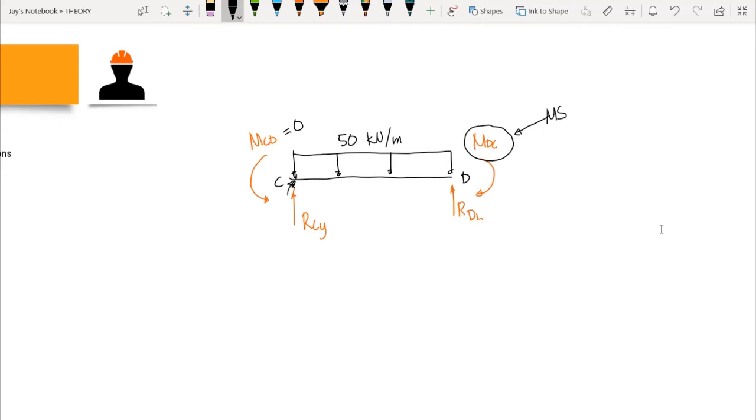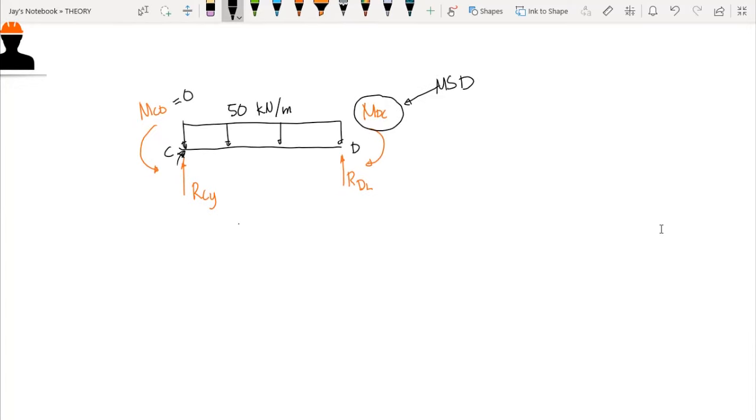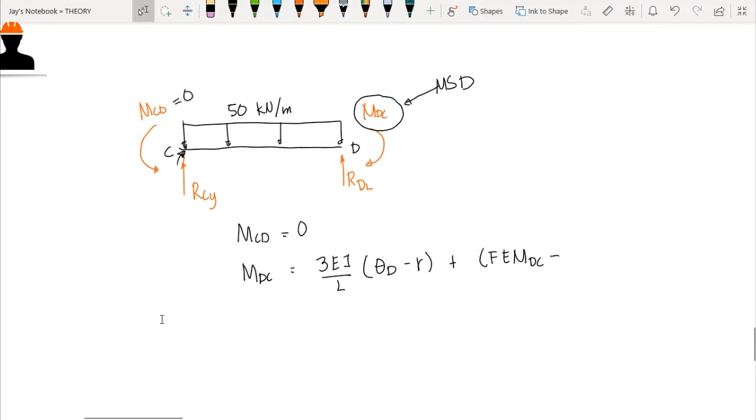Since MCD is equal to 0, we have MDC equal to 3EI over L times theta D minus R, plus the fixed end moment DC minus the fixed end moment CD over 2.